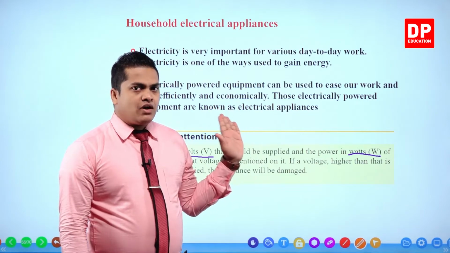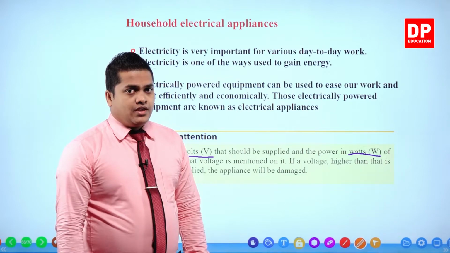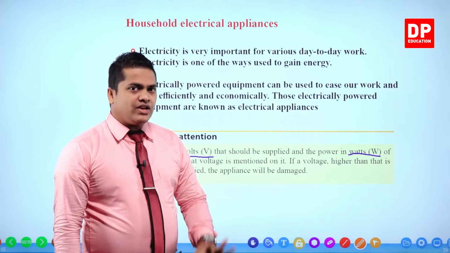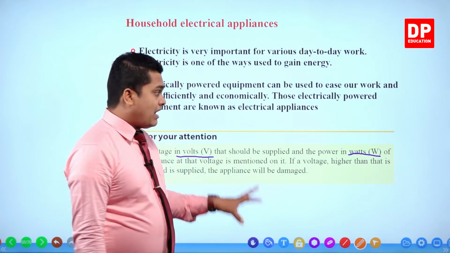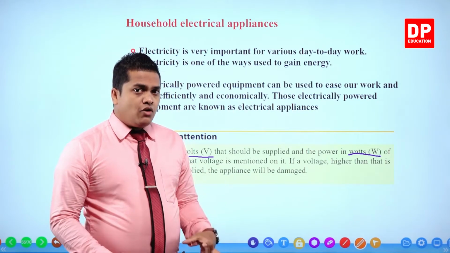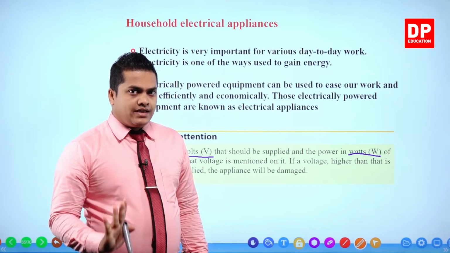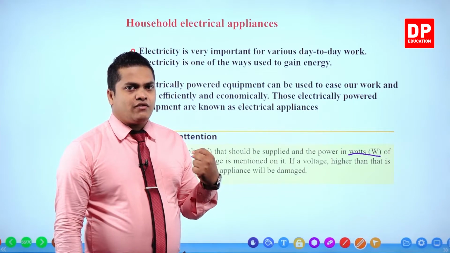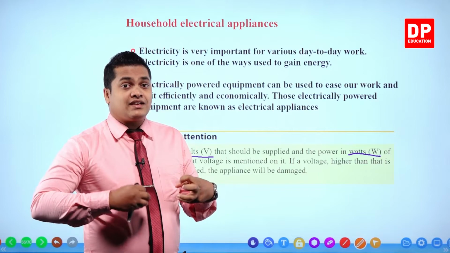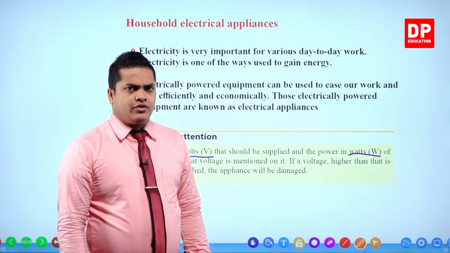As we are discussing household electrical appliances here, these appliances are using electrical energy. So the power of a household appliance means the amount of electrical energy used by that particular equipment within 1 second of a time period. Within 1 second, how much electrical energy is being used? Energy is measured in joules, no? You already know that.